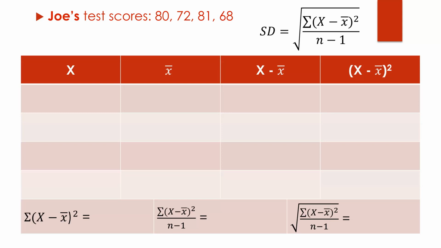And the bottom part is taking n minus 1. Remember, n is the number of numbers you have. So you would take the number of test scores we're working with here, minus 1, and you're going to divide the top part by the bottom part. And last but not least, you will square root. This is to get rid of that squaring, so that we can put it back into regular numbers, so to speak, okay?